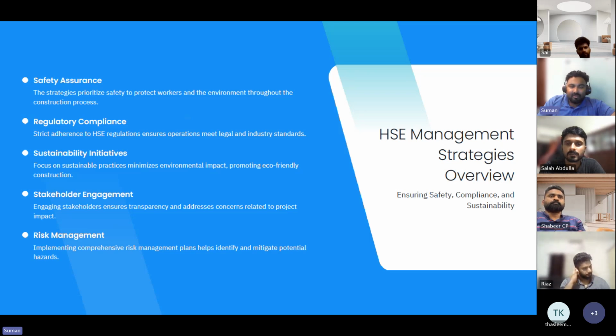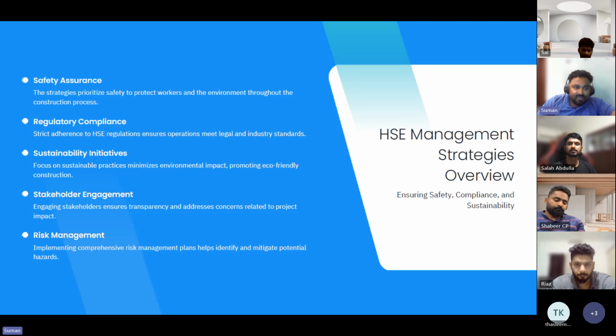This slide talks about strategies to manage HSE. Safety assurance: the strategies prioritize safety to protect workers and the environment throughout the project. Regulatory compliance: strict adherence to HSE regulations ensures operations meet legal and industry standards.